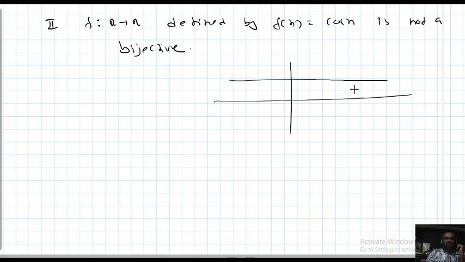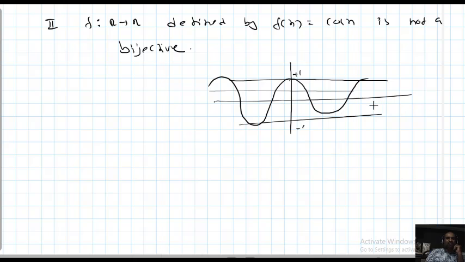Through graphs only. This is the graph of the cos function, the basic graph. So plus 1 and minus 1. See, it's not 1-1. The horizontal line test fails, so it is not 1-1. It is also not onto, because the range is minus 1 to 1, while the codomain is capital R. Not 1-1, not onto.